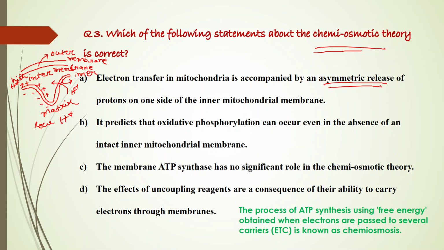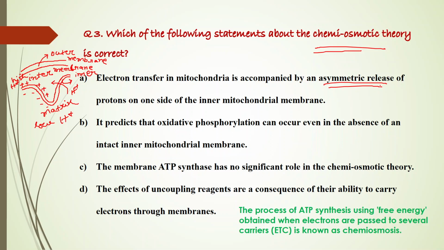Otherwise, what we know is that whenever ion concentration is greater on one side and less on another side, they will usually diffuse so that the concentration becomes equal. But in case of ATP synthesis we require this proton pump so that the charge gradient remains throughout the process. Only in that case can we gain the necessary free energy required for ATP synthesis.